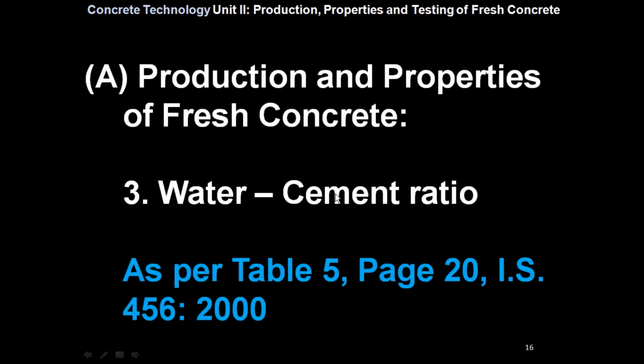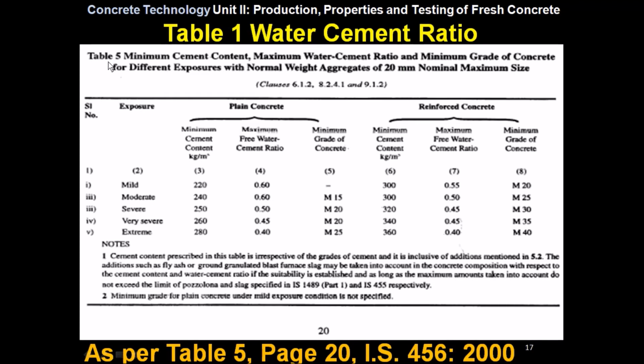As per the table number 5, page number 20 of IS 456-2000, the water cement ratio is given here. Table number 5: minimum cement content, maximum water cement ratio and minimum grade of concrete for different exposures with normal weight aggregate of 20 mm nominal maximum size.